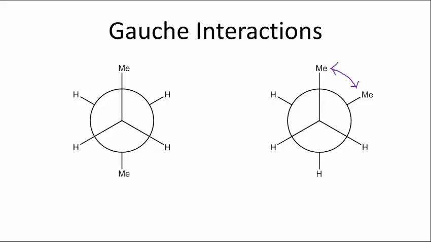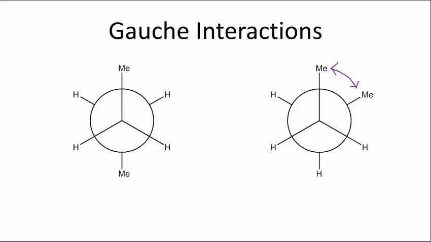So gauche interactions are these awkward interactions where the two groups are not eclipsed. Eclipsed would be really bad, but this might be like you have a close talker. You're in a conversation with someone. To bring you back to Seinfeld, I don't know if you've ever seen the Close Talker episode, but there's someone who likes to get right up close to talk.